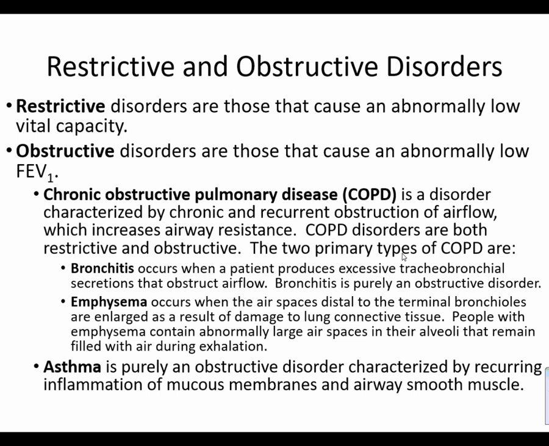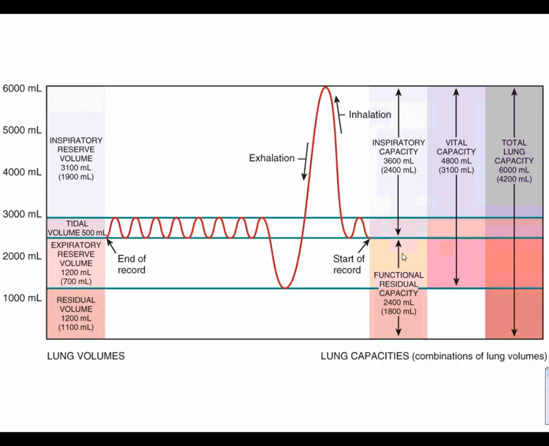If I go back a couple slides, we learned that vital capacity was basically the amount of air you can breathe in. Okay, so it's not going to include what's left in our lungs.